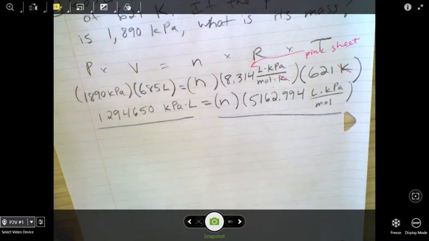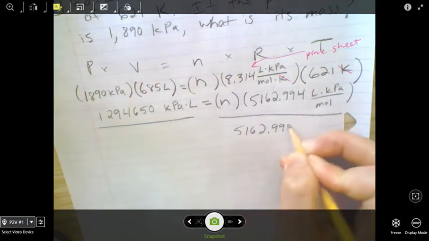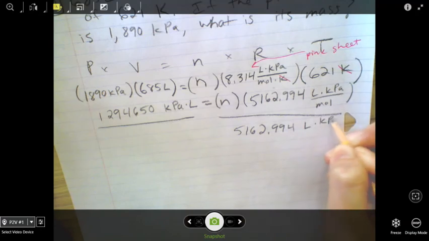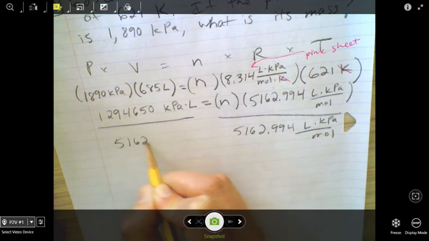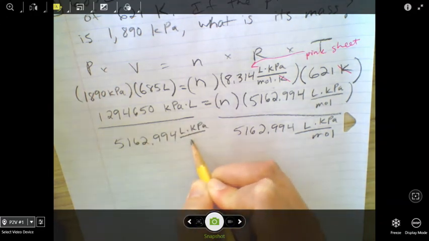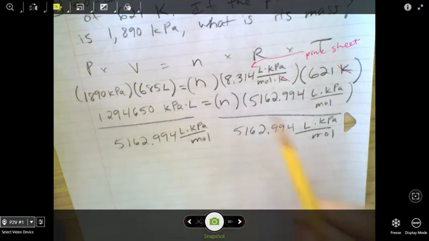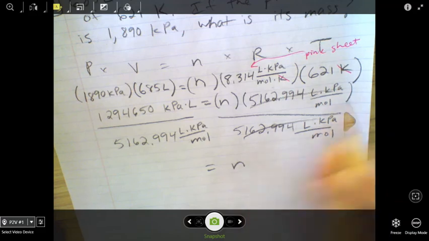So to get N by itself, I would just divide both sides by that. So this side just simplifies to N. All that cancels.